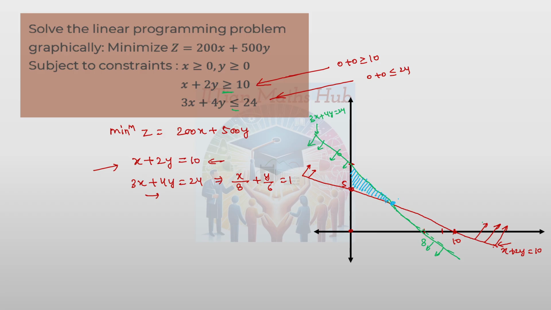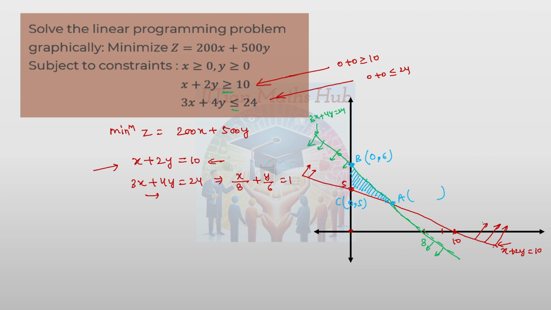So this time I can say the corner points are like these points. This is A, let's say this is B, this is C. B point we already know, that is 0 comma 6, and this point is 0 comma 5. The A point we don't know, which we can find out by solving the equations.